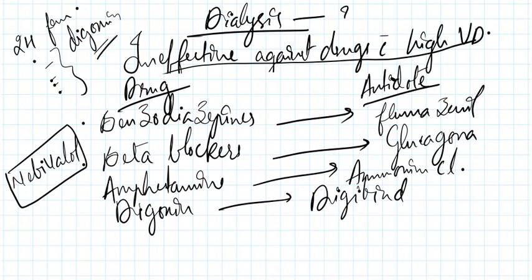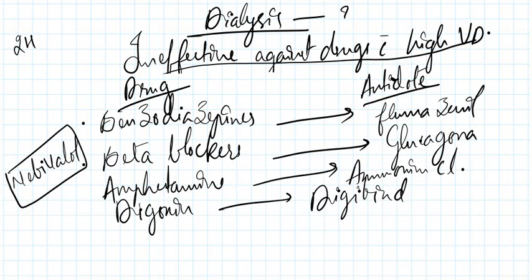So what is your treatment of choice? It's Digibind. So you will get all the indirect things in the question, but the concept is purely direct. The only thing is you remember these points.